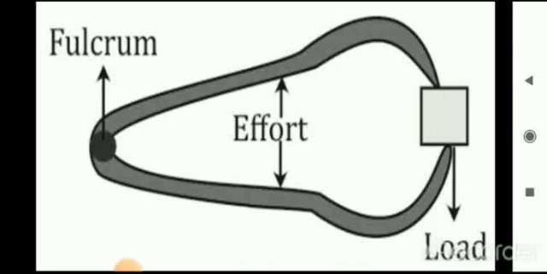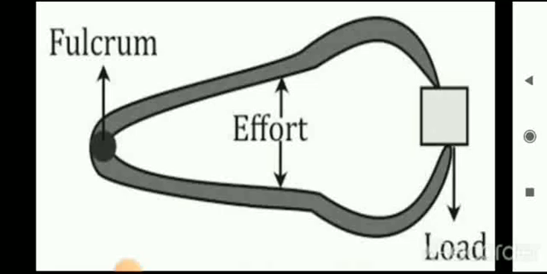What type of lever is that? The tongs are an example of a third class lever, as you are applying the effort from the middle part, the starting part is the fulcrum, and at the ending part from where you are holding the chapati, that is the load.